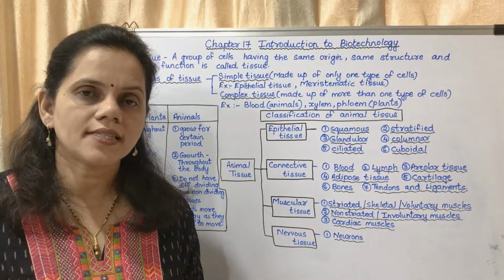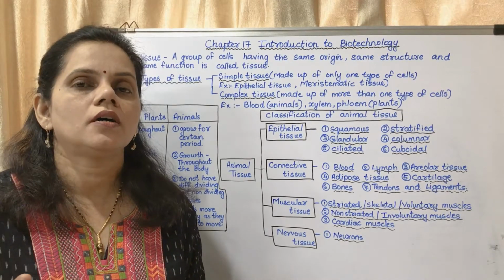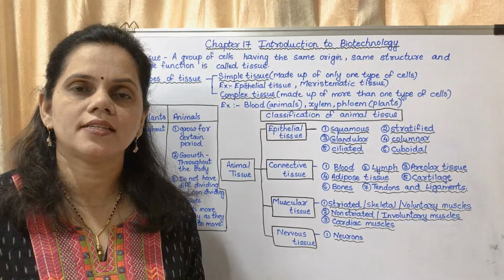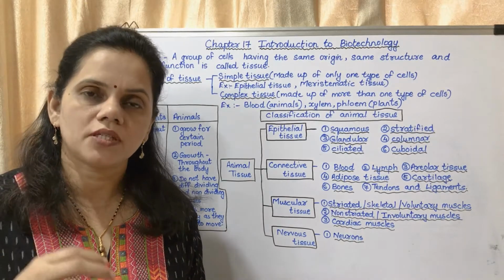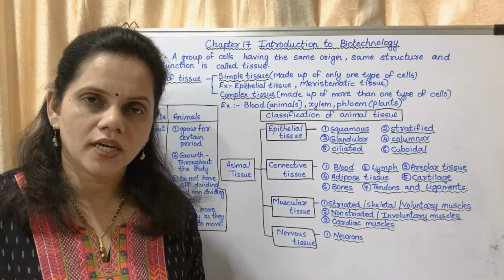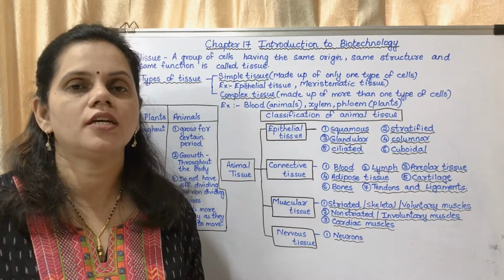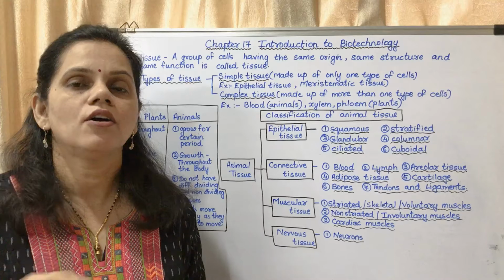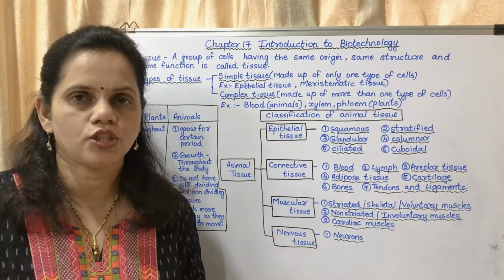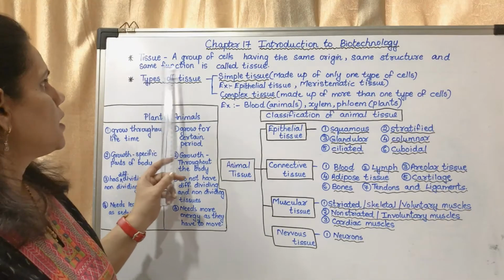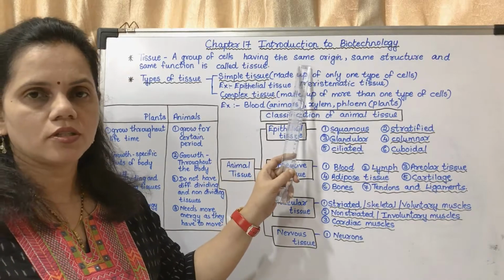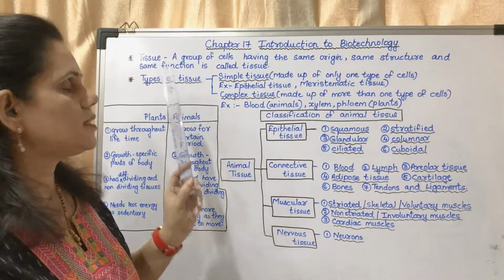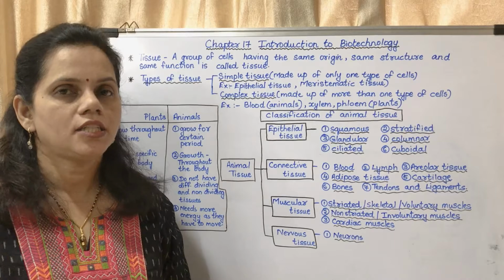Several cells which have the same structure and perform similar functions combine together to form a tissue. So what is a tissue? A group of cells having the same origin, same structure and same function is called a tissue.